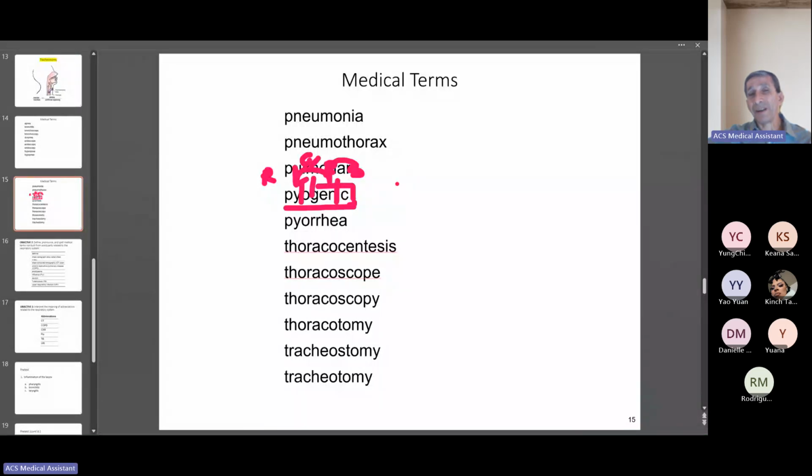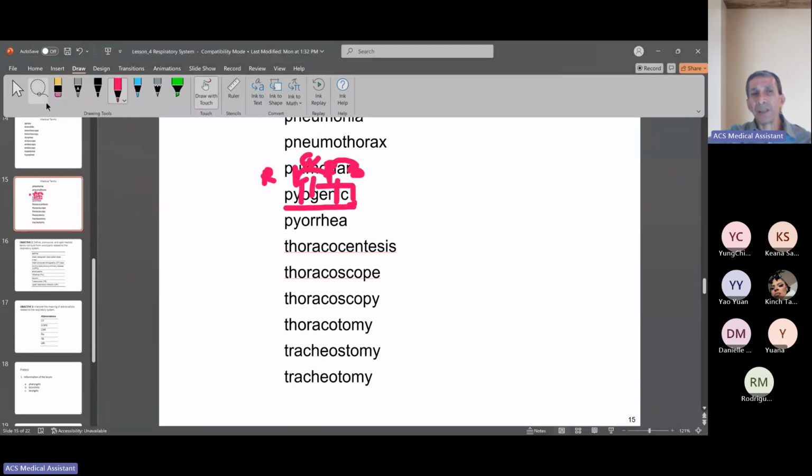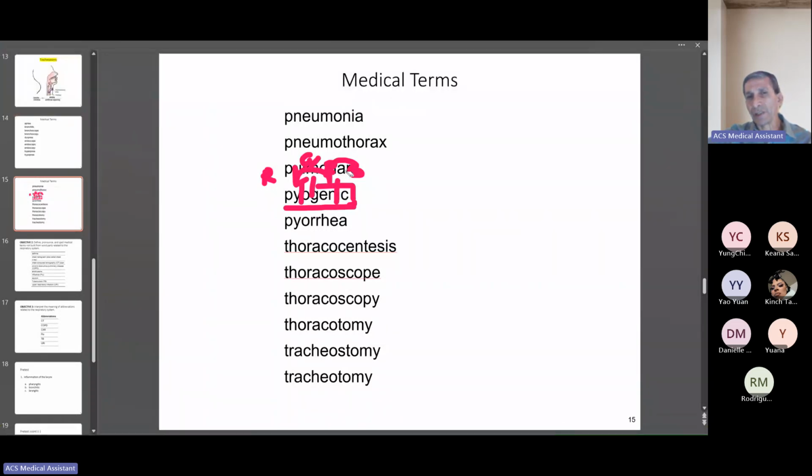That means that we have damage, we have infection. So pyogenic means where is this pus being generated? Where is it produced? Something is producing pus. We see pus inside this cyst or this wound. Well, that's called pyogenic.